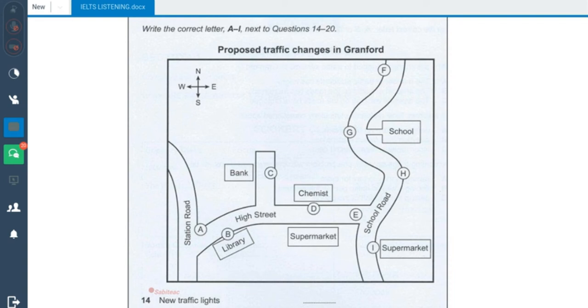it is said in this listening recording that just opposite the bank are new traffic lights.